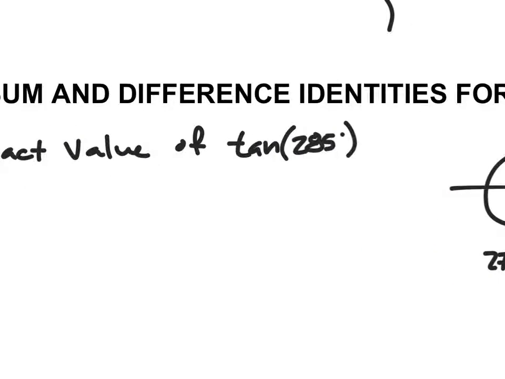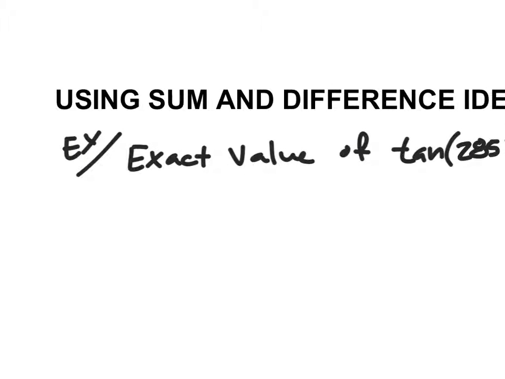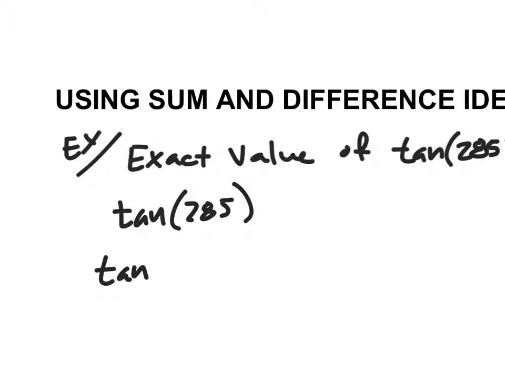So to get tangent of 285, we can do this a couple different ways. Let's rewrite tangent of 285 as tangent of 315 degrees minus 30 degrees.